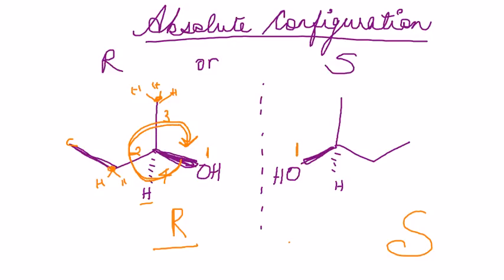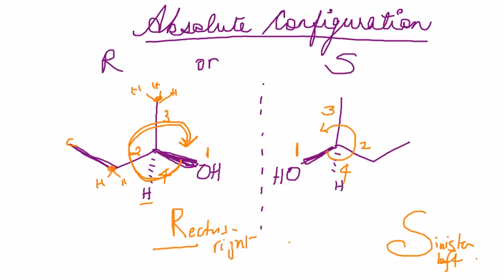Again, the priority order is OH for 1, ethyl for 2, methyl gets 3, and hydrogen, of course, gets 4. We are going anti-clockwise, and that becomes S. R stands for rectus for right. S stands for sinister for left.